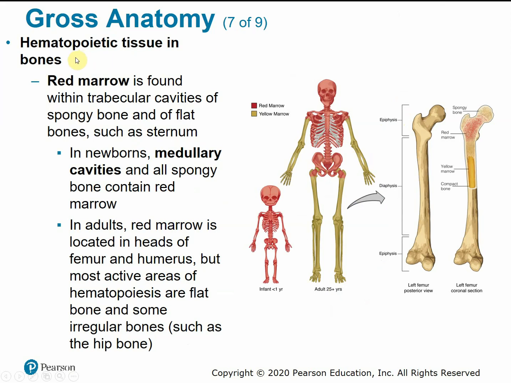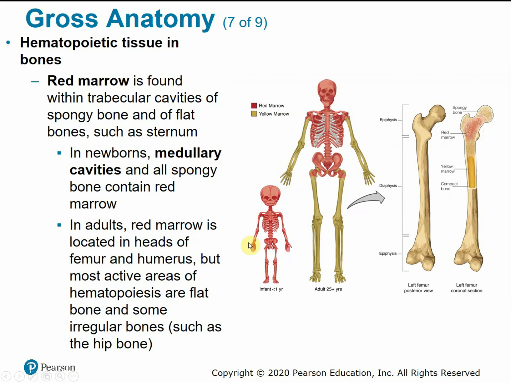Hematopoietic tissue in bone is just blood cell forming tissue. So whenever you see poietic or poiesis at the end of a word, it just means the formation or forming. Hemato means blood cell. So all blood cells are derived from the red bone marrow. We said red bone marrow was found within that spongy bone, the trabeculae, or those little pores and holes within that spongy bone texture.